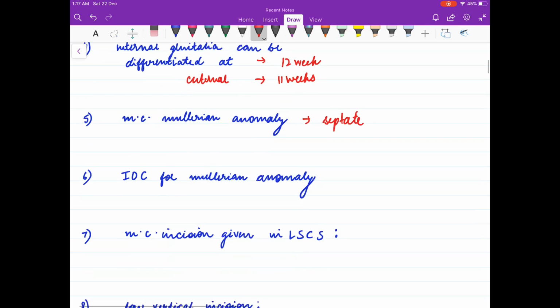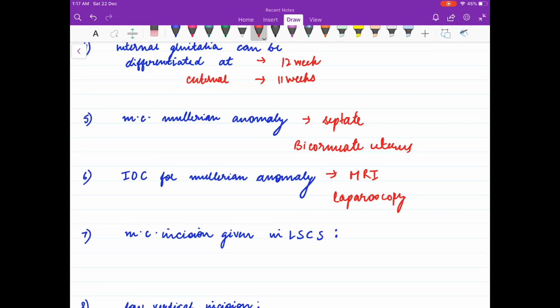Second most common Mullerian anomaly is bicornuate uterus. Investigation of choice in Mullerian anomaly is MRI, and gold standard is laparoscopy.